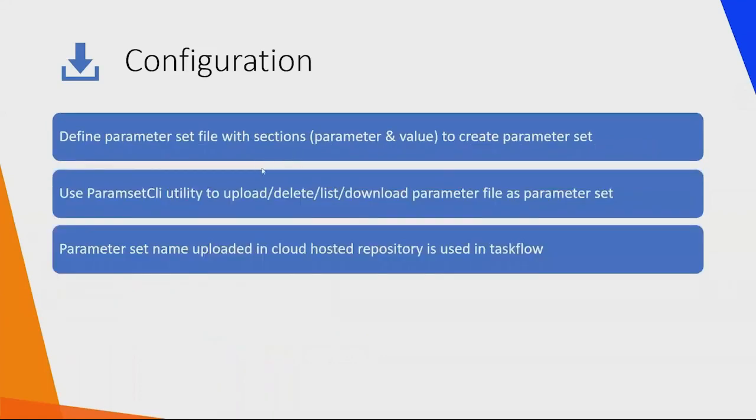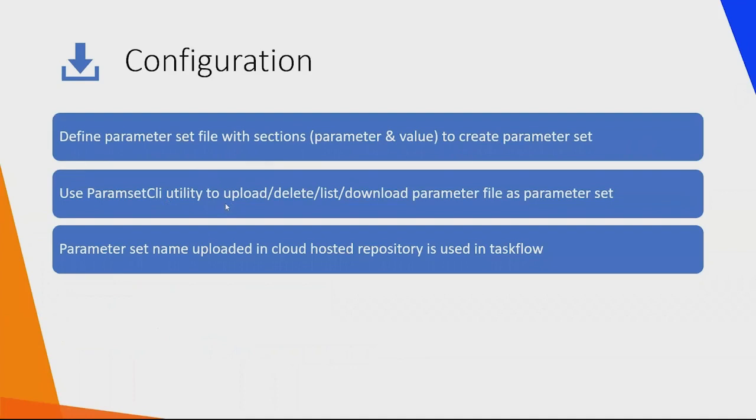And some other configurations are the parameter set file which needs to be uploaded. It has to be first created with sections, and that will contain all the parameters and the values. And the parameter set will be uploaded through the parameter set CLI utility, which I discussed.